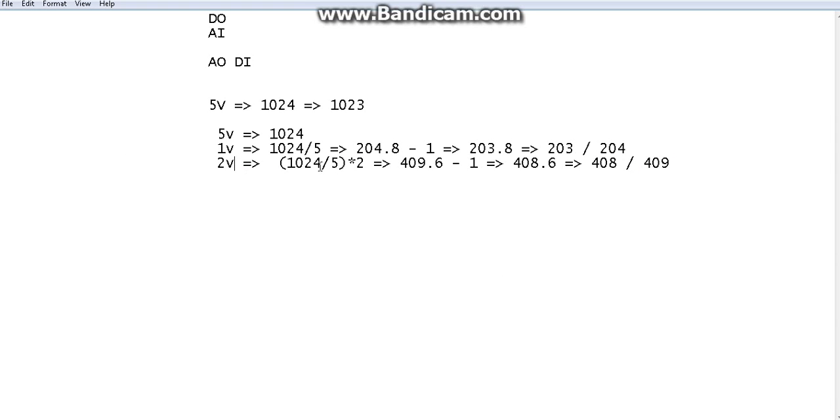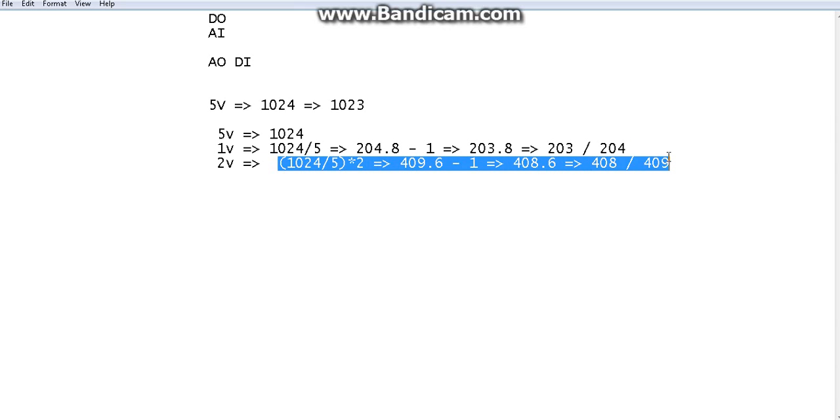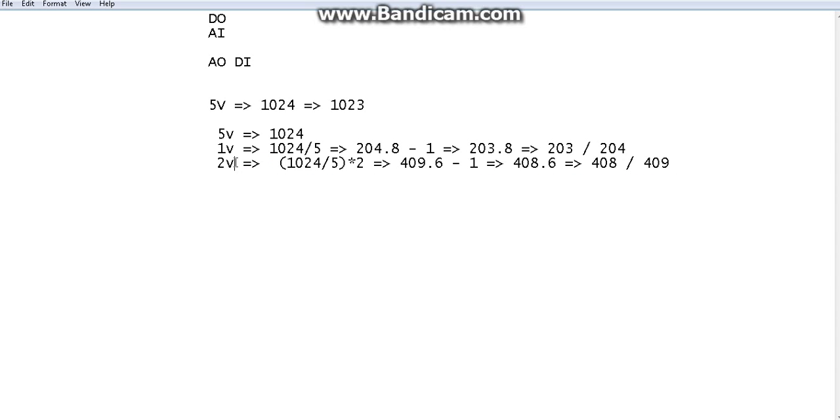By doing the calculation in the reverse manner, you will find out how many volts are coming from the sensor. You understand what I'm telling? By seeing the units that Arduino gives in the serial monitor, you can find the voltage coming from the sensor, because you have the equation here. You understand? Okay, fine.